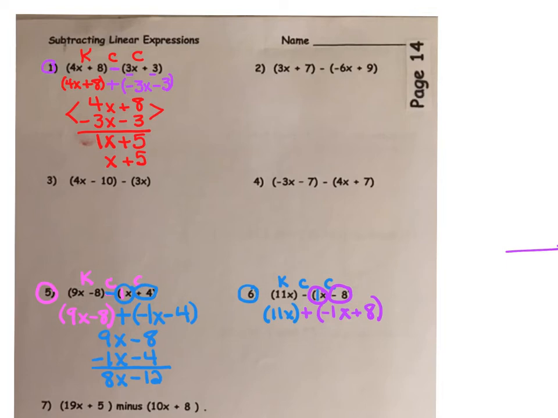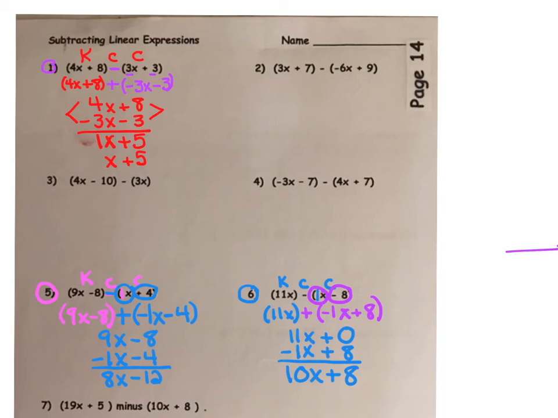Now we're ready to stack and combine. 11x, and we're going to fill in with a plus 0 to hold the position of the constant. Underneath, we have a loss of 1x and a gain of 8. Draw your line. Go ahead and term combine. You should have gotten 10x plus 8.